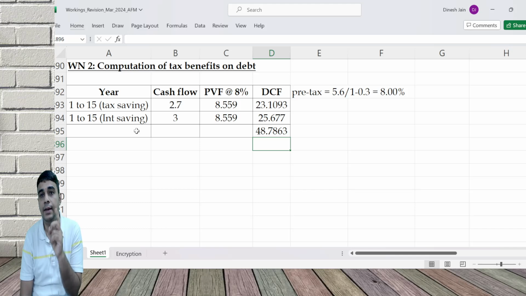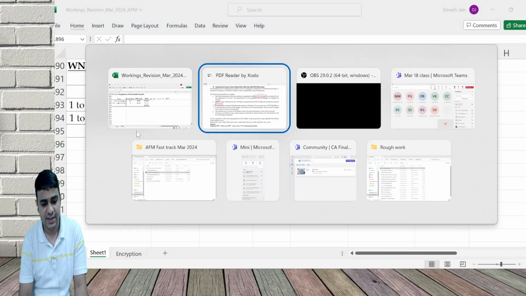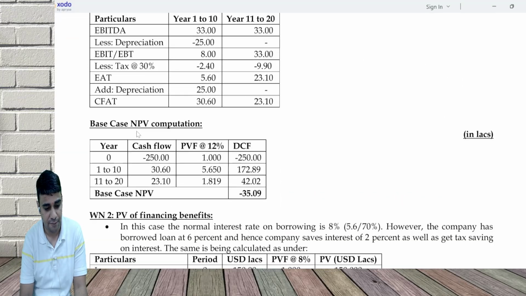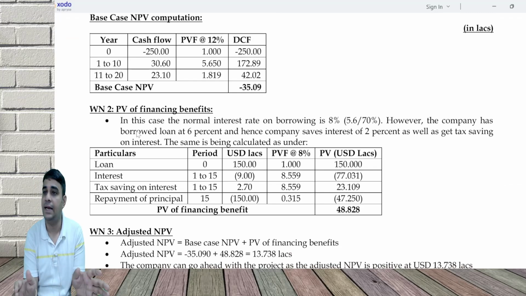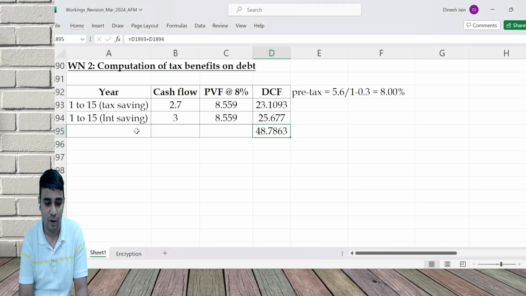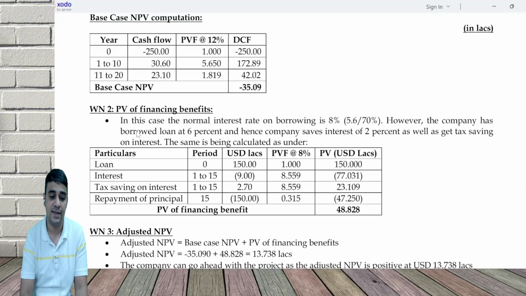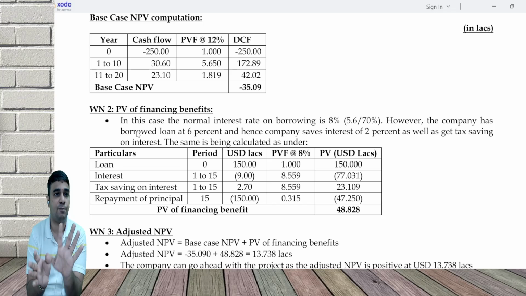One is any tax saving on interest you paid, and second is any interest itself saved. The same calculation is presented differently here. Net it is the same, 48.828. We got 48.7863. Both will give you the same answer. This is another way of presenting. I'll explain this also.